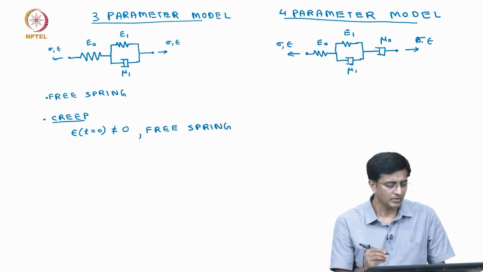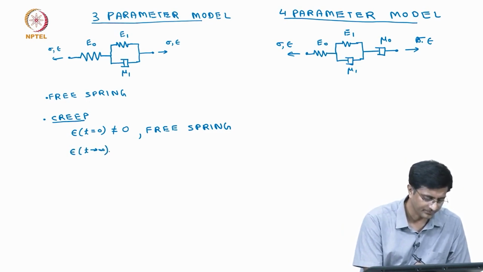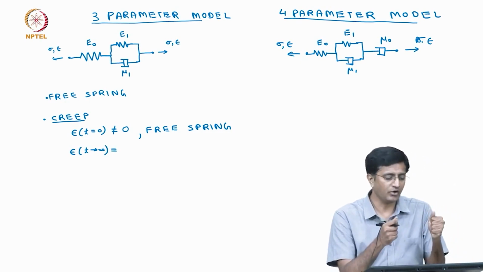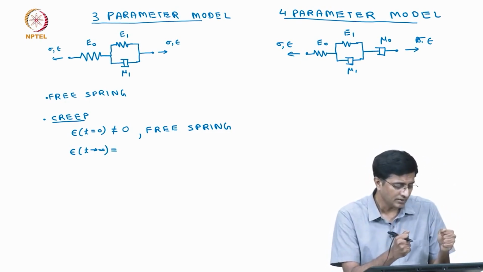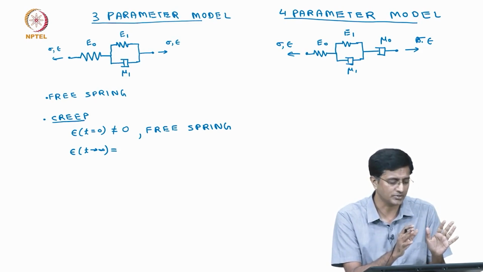The other extreme is how it behaves when we give plenty of time. When we wait for very long times, the free spring has instantaneously deformed and it stays there. There is no further deformation.